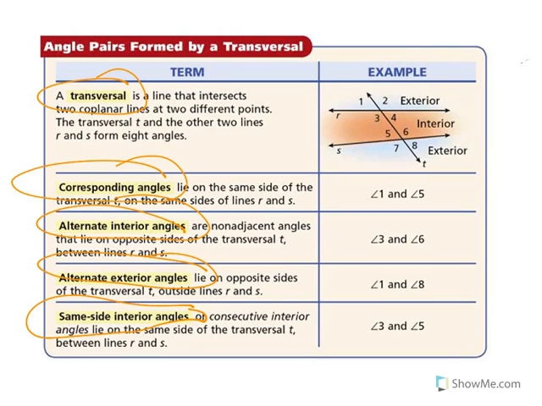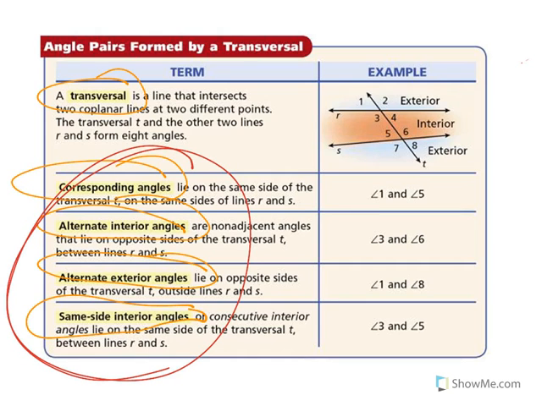When you have two lines and a transversal, then you get these angles. Okay, so corresponding angles, one's in the exterior, one's in the interior, and they're on the same side of the transversal. Okay, they kind of both sit in the same spot.